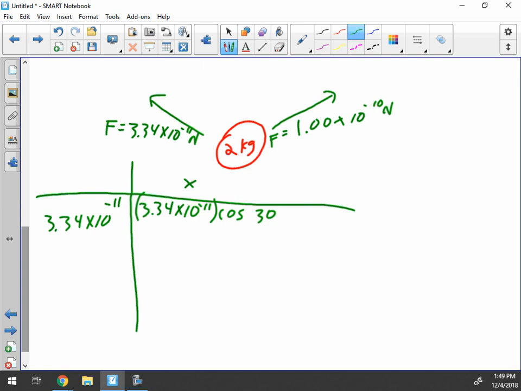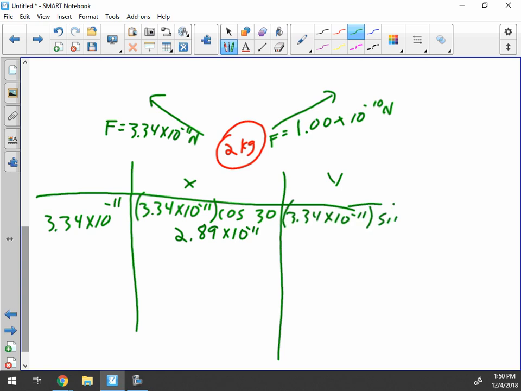And we plug that in, and we get 2.89 times 10 to the negative 11. So for our y part, we're going to have 3.34 times 10 to the negative 11 times the sine of 30. And we punch that in, and we get 1.67 times 10 to the negative 11.